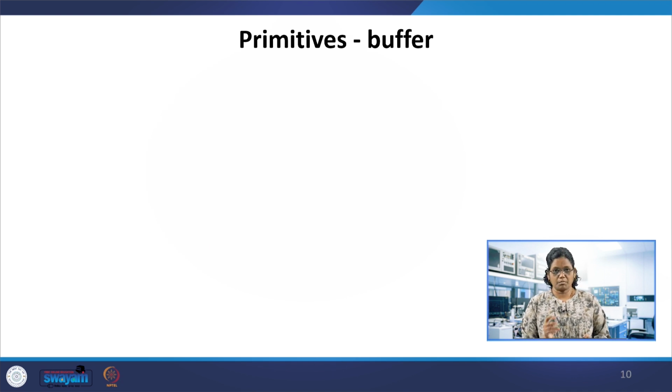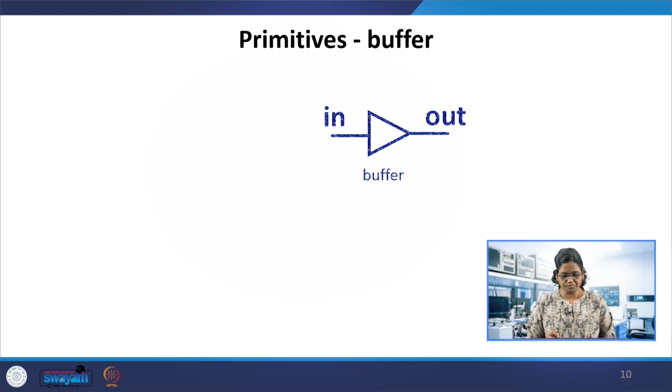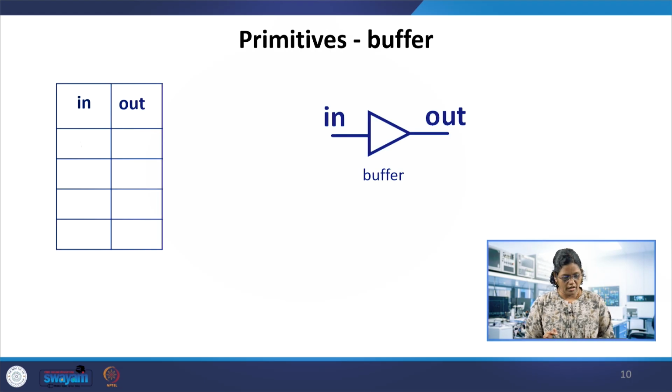In case of the buffer, it just passes the input to the output. If it's 0, the output is 0; if 1, the output is 1; for X, the don't care, the output is also don't care; and for Z, the high impedance state, the output is also don't care, it is not high impedance.